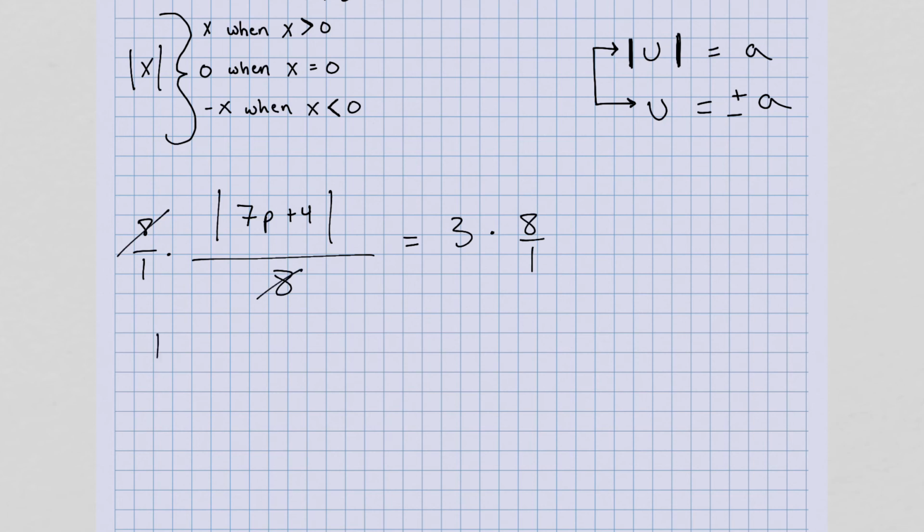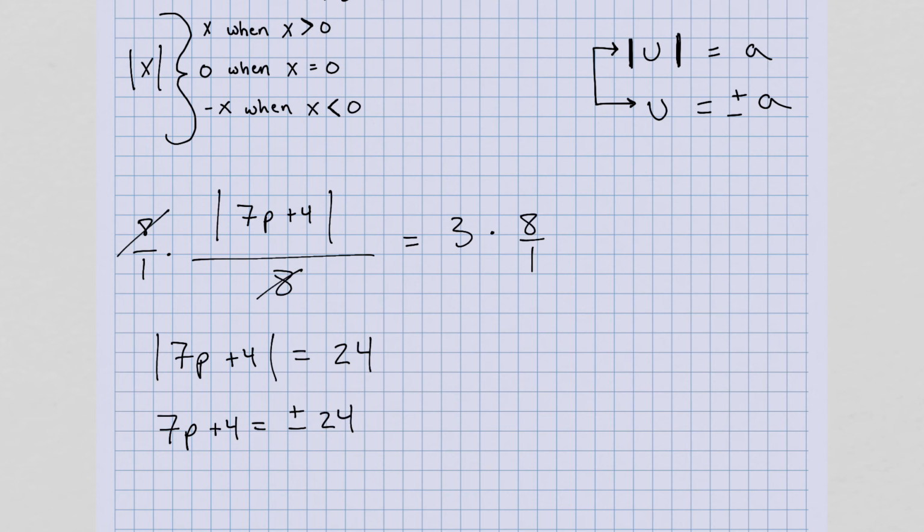What we're left with on the left is the absolute value of 7p plus 4, and 3 times 8 equals 24. Now at this point, we could take off the absolute value sign. So we have 7p plus 4 equals plus or minus 24.